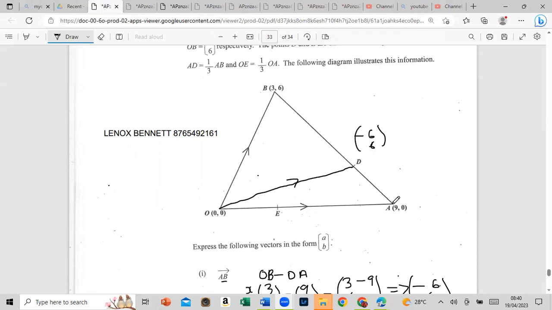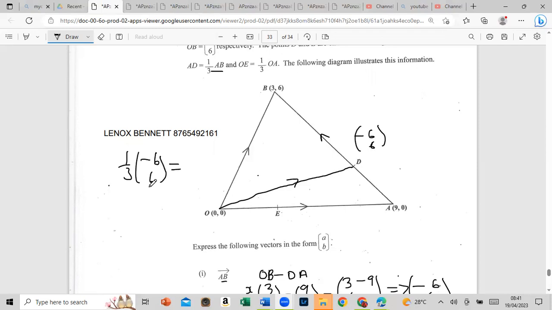AD, which is from here to here, so we're going in this direction, very important, the direction. They told us that AD is 1/3 of AB. So all we have to do to find this is take 1/3 of this actual measurement, which is (negative 6, 6).